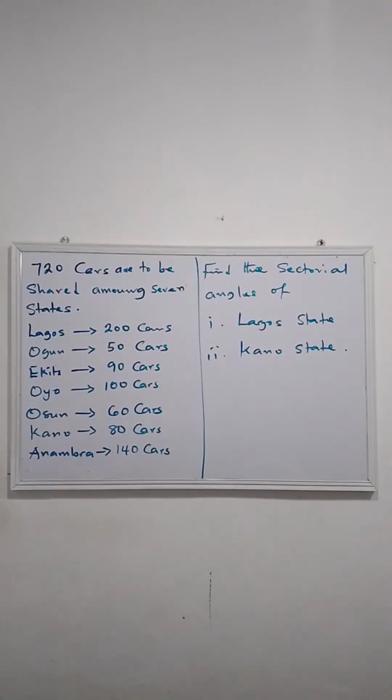Okay, any other answer? Okay, Rashidat Adekunle, yes, I can see your answer. Lagos 100, Kano 40. Okay. All right, Titilayo. Okay, Lagos 100, Kano 40. Okay. Any other answer?